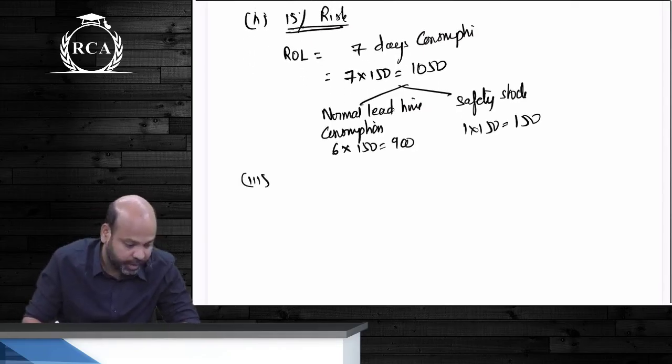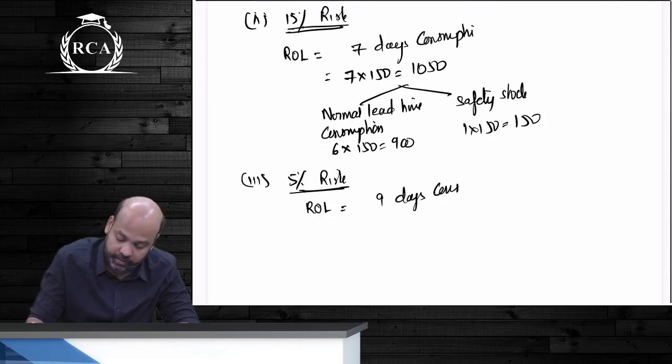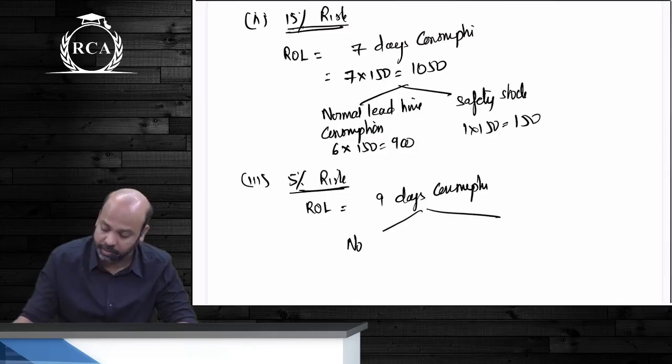Third bit guys, 5% risk of being out of stock. ROL should be based on 9 days consumption. Out of that 9 days beta normal lead time कितना है?